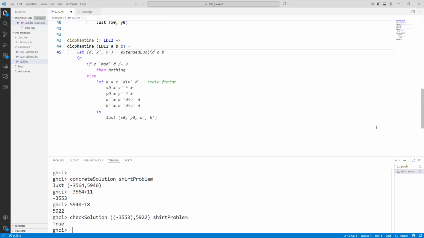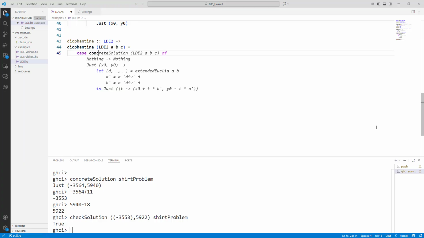Okay, so here we say case concrete solution. Nothing returns something, and then just x, y that returns stuff.